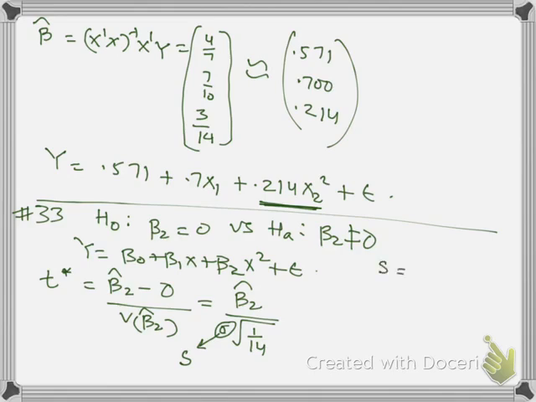S square is SSE divided by n minus, this time it's not n minus 2, it is going to be n minus 3, because we estimated 3 parameters.